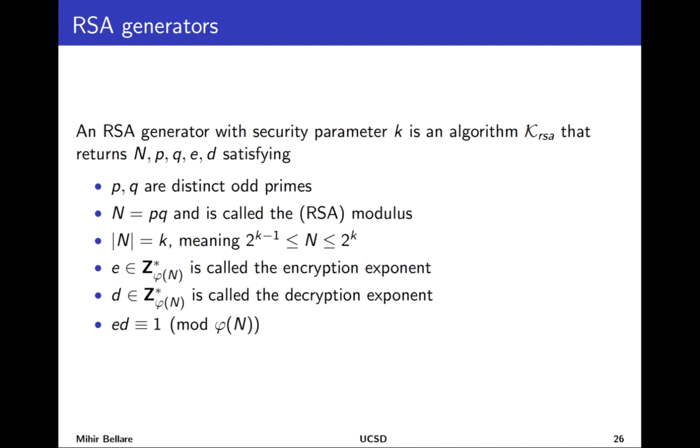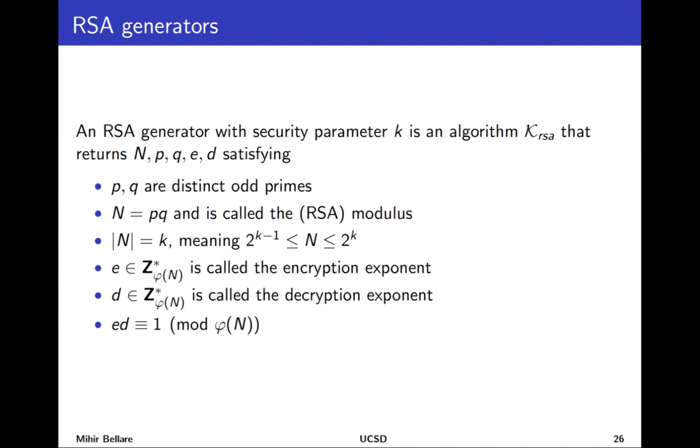So this is an algorithm, and it has associated to it a security parameter, which is an integer k, indicating how much security you want. If you run this algorithm, it's a randomized algorithm, and it will return a whole bunch of stuff. There's a modulus n, there's a pair of primes p and q, and there's an encryption exponent e and decryption exponent d.